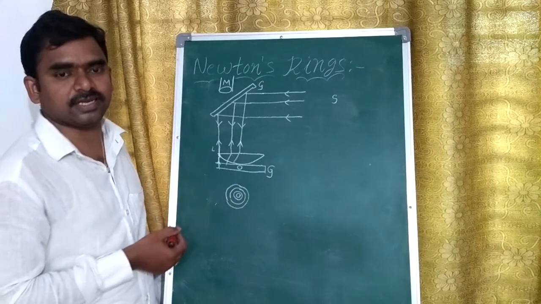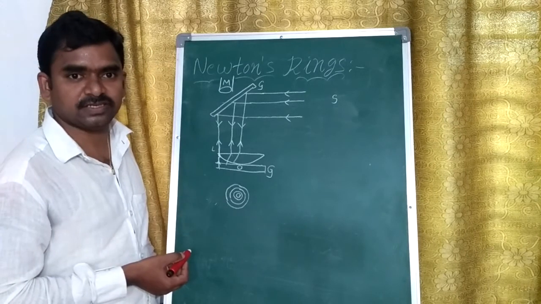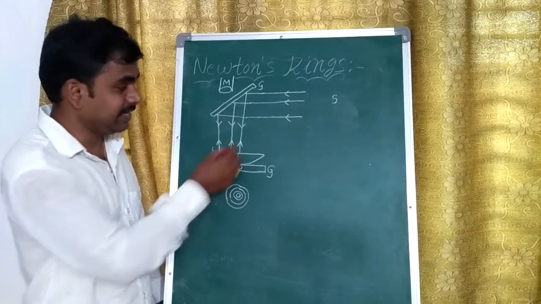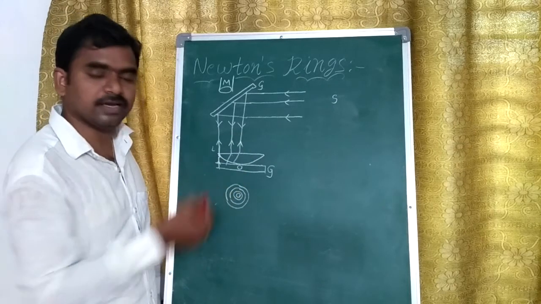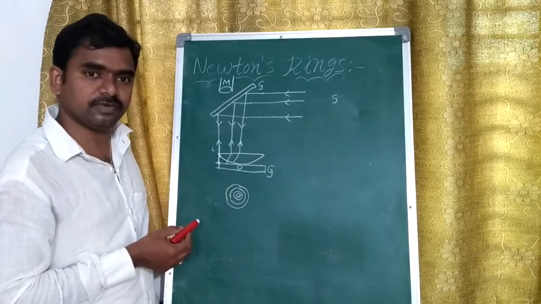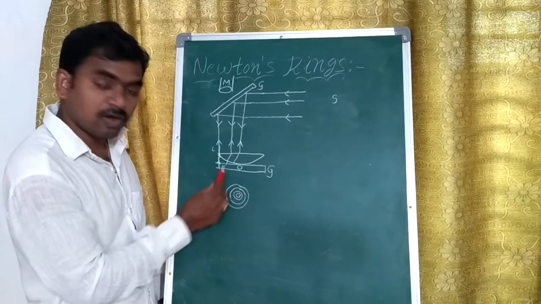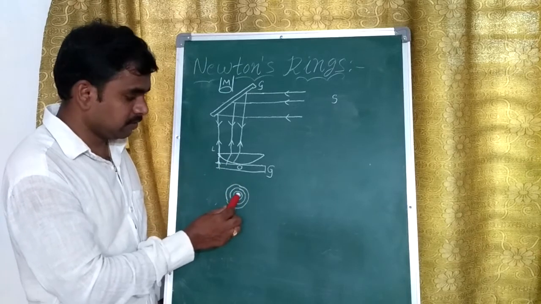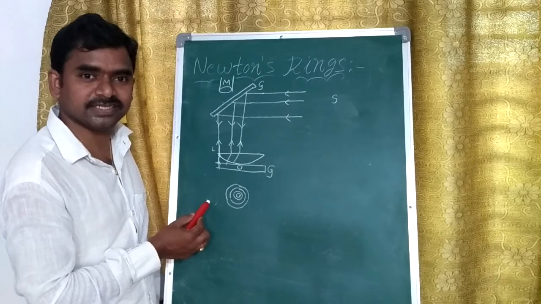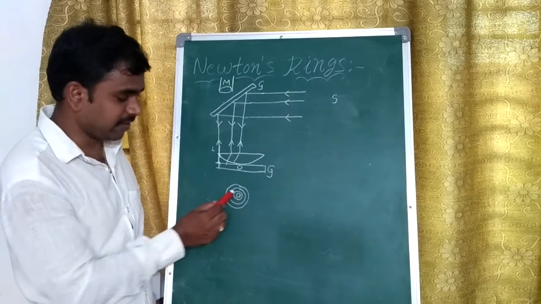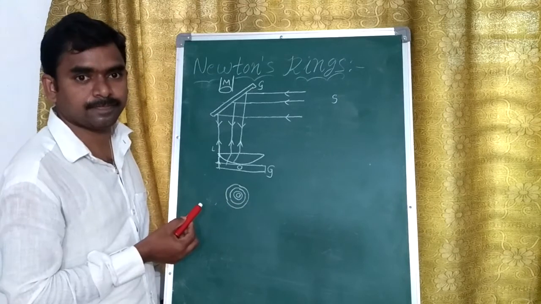Why are the rings circular? Why can we observe the dark spot at the center in a reflected system? Next, how does the separation between two successive rings vary when we move from the center to the end?